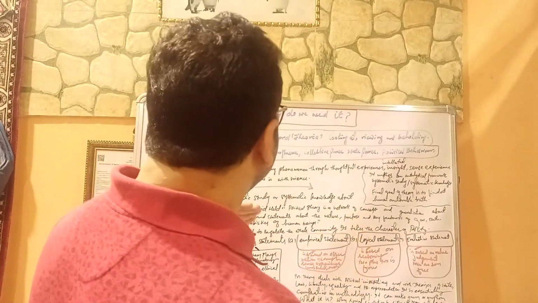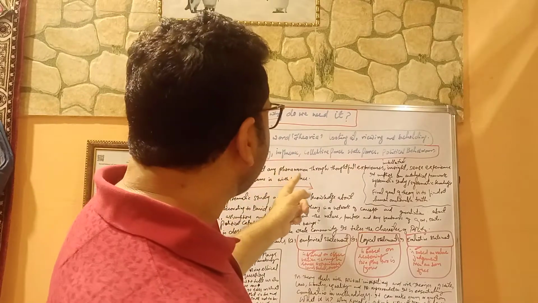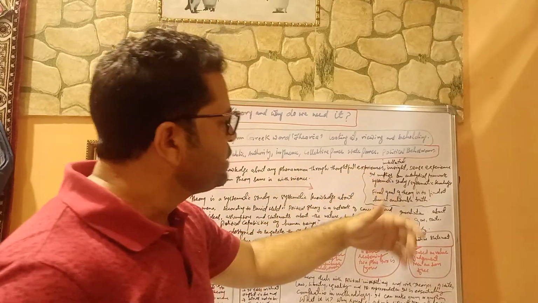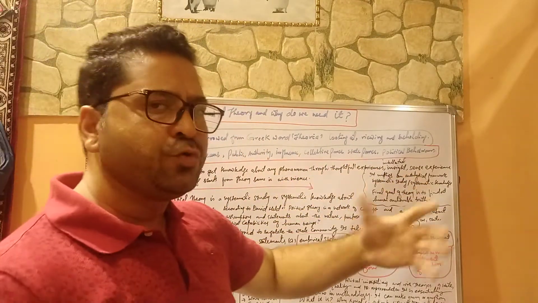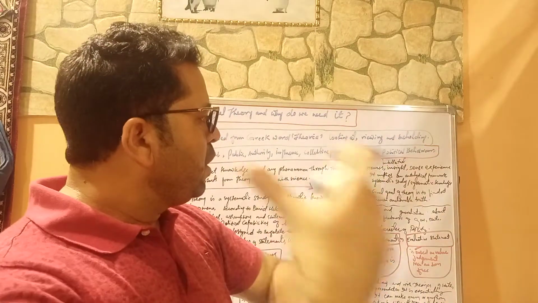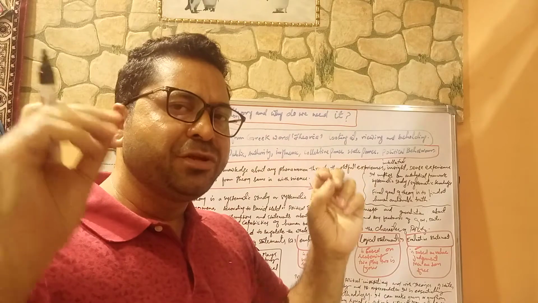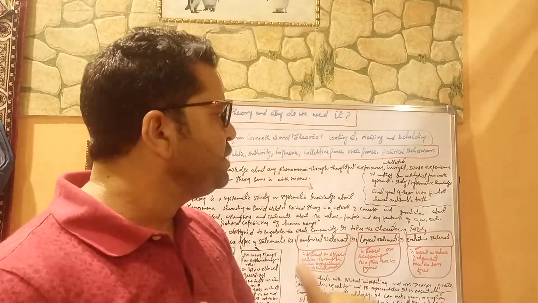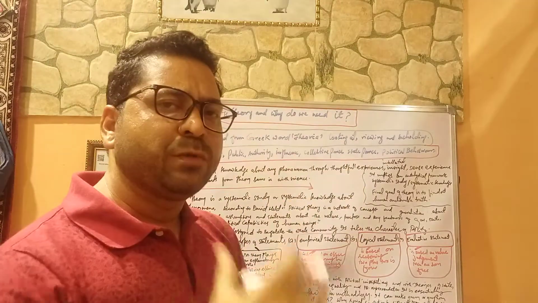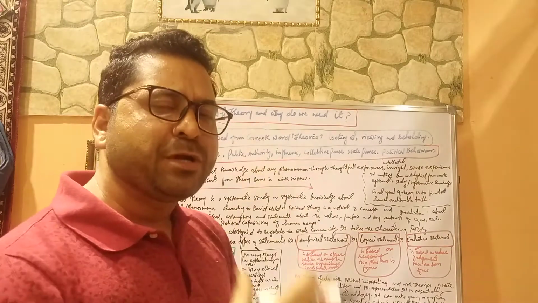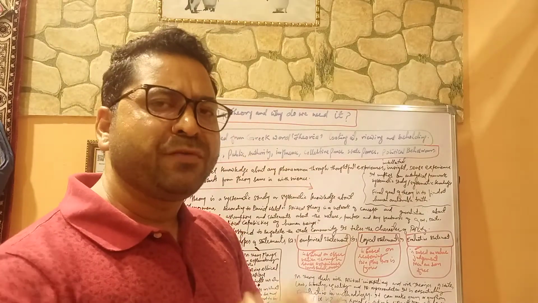Similarly, when we talk about theory, it is to get knowledge about any phenomena through thoughtful experiences and intellectual insight. So you have to evolve intellectualism. Therefore, when we talk about political theorists, they will always try to discuss things from an intellectual perspective, from a critical perspective, from multiple perspectives, from different sources.